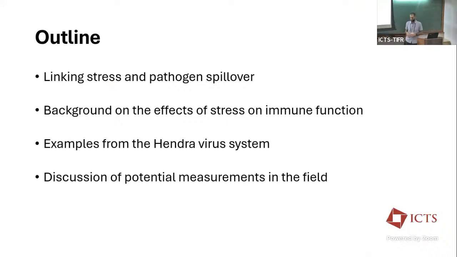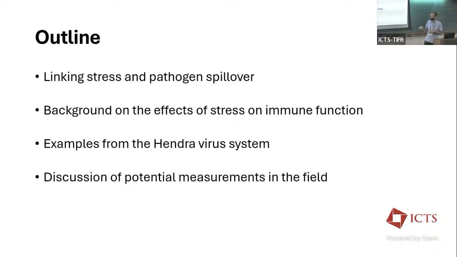I like to do outlines just because it gets my thoughts in order. So the structure of what I'll go through today is how we link stress to pathogen spillover. I'll then give a background on the effects of stress on the immune system.